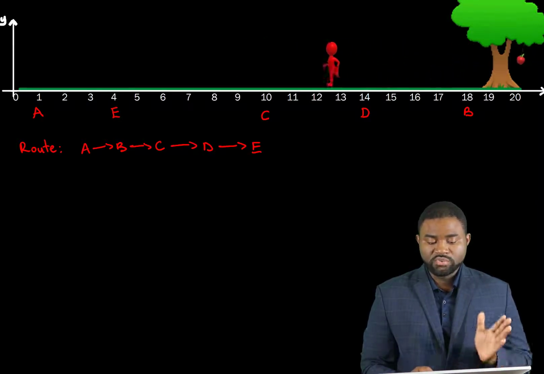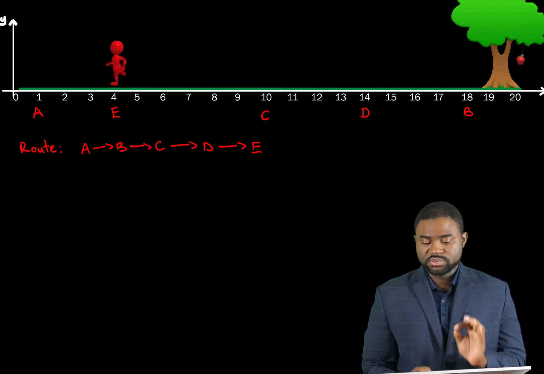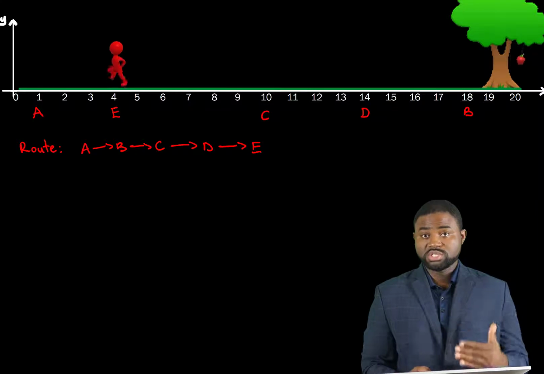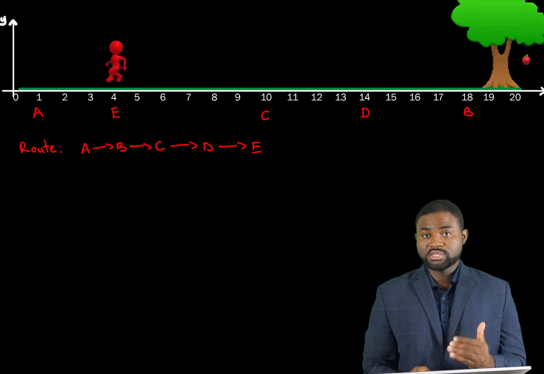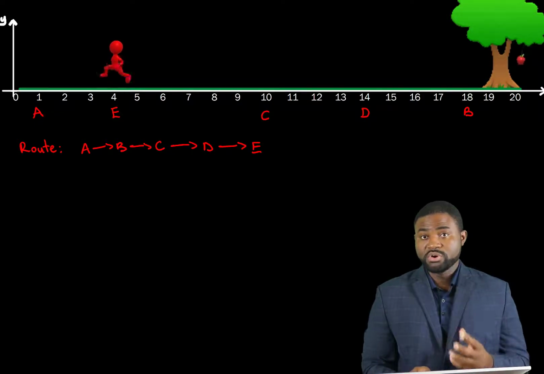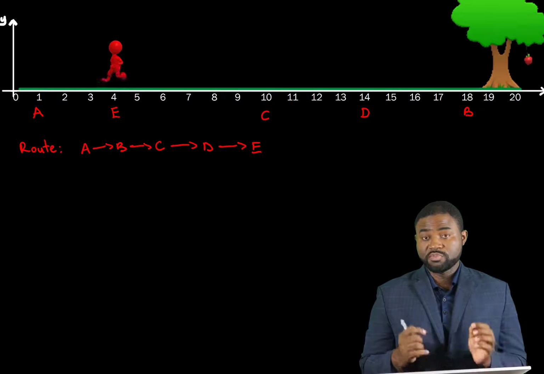Now, a man runs from A to B, then from B to C, then from C to D, and then from D to E. The question really is, what is his total distance traveled and what is his total displacement covered? Remember that displacement is the change in the position of the man.